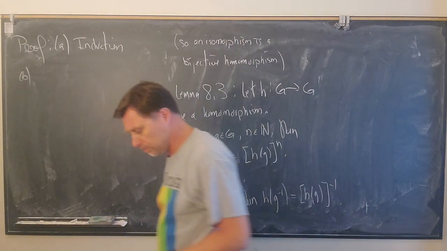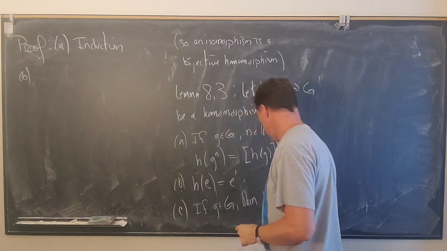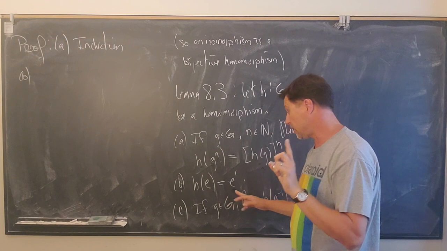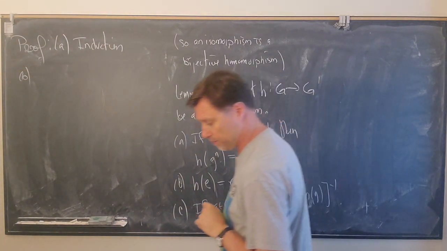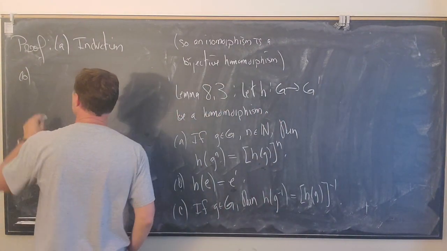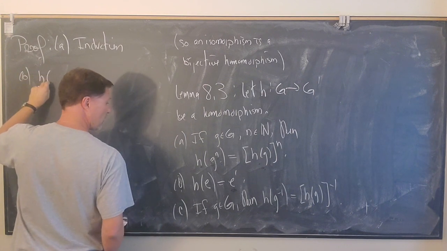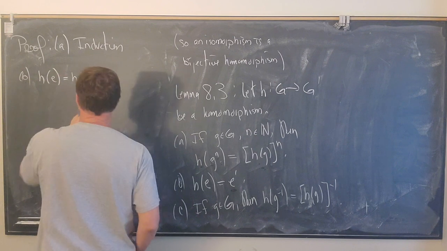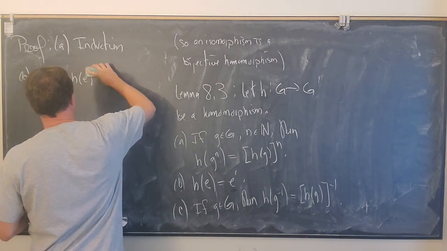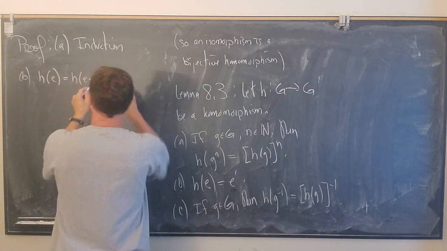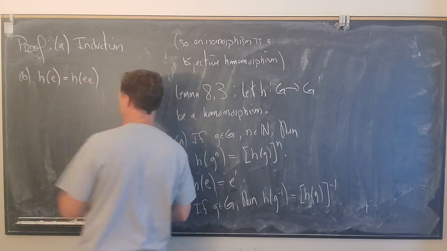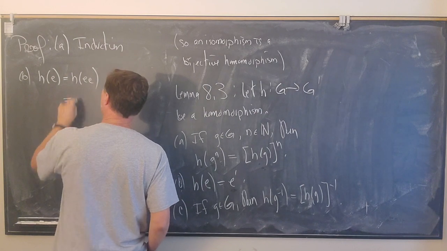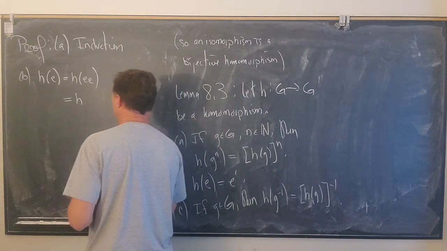For part B, now I want to show that h of the identity in G is equal to the identity in G prime. So h of e is equal to h of e times e, because e is equal to e times e. Now our homomorphism property allows us to break this up.